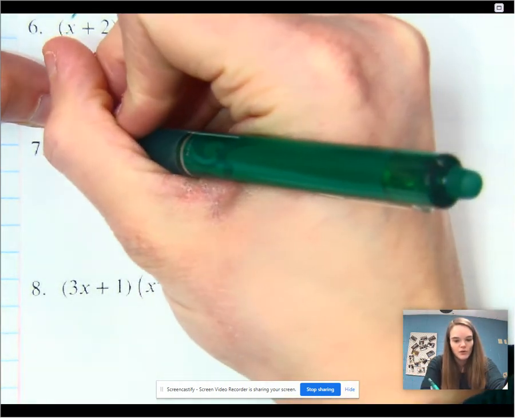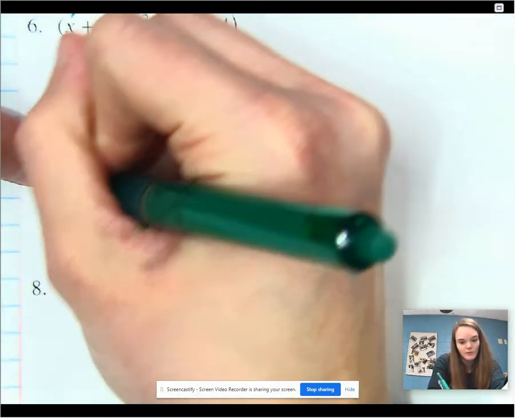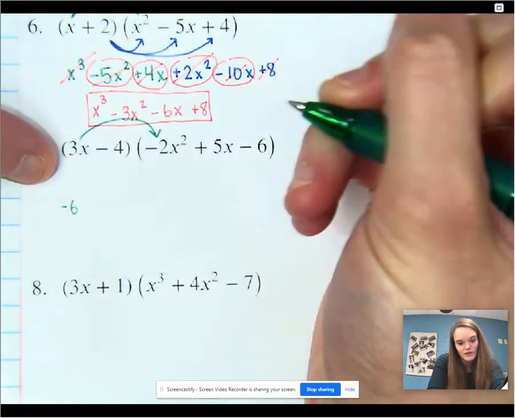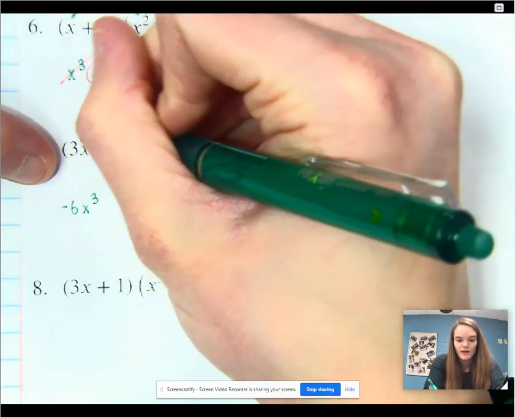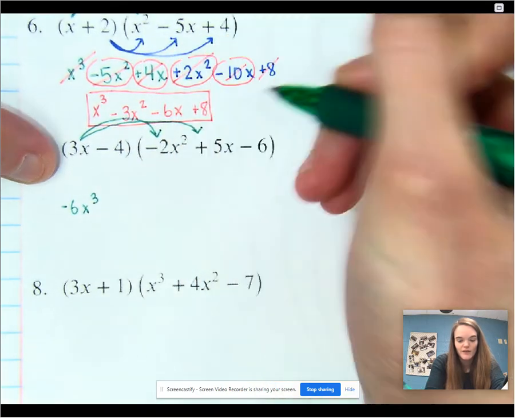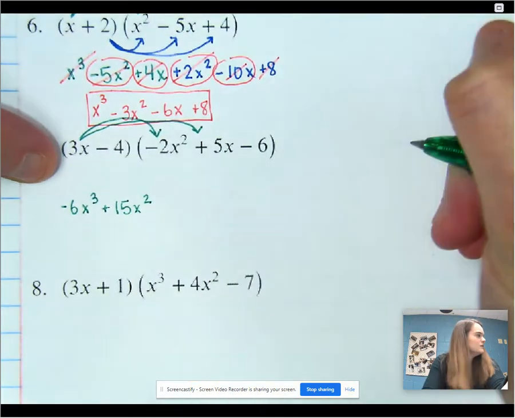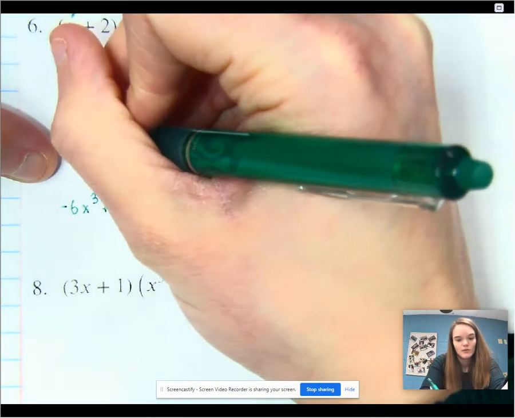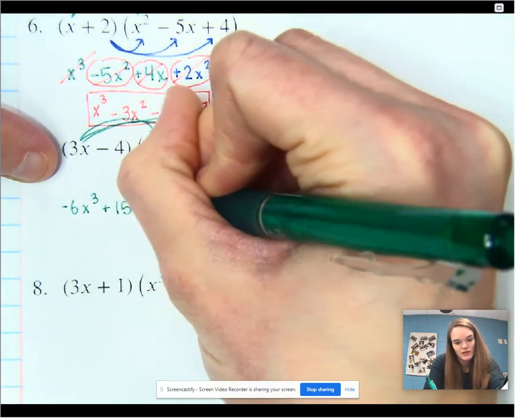Okay. So 3x multiplied by negative 2x squared becomes negative 6x to the third. 3x times 5x becomes 15x squared. 3x times negative 6 becomes negative 18x.